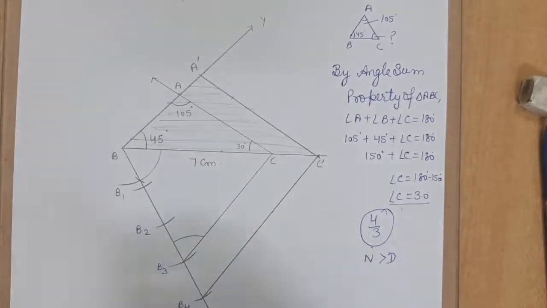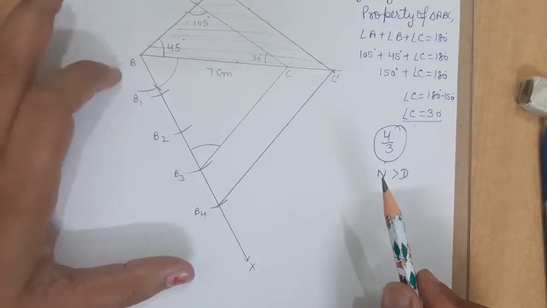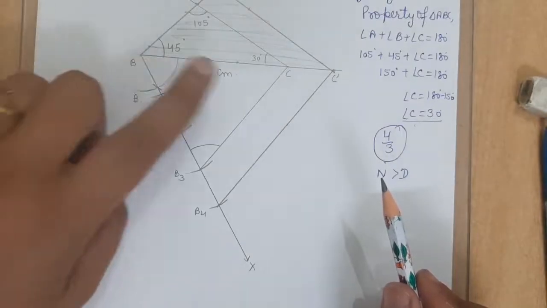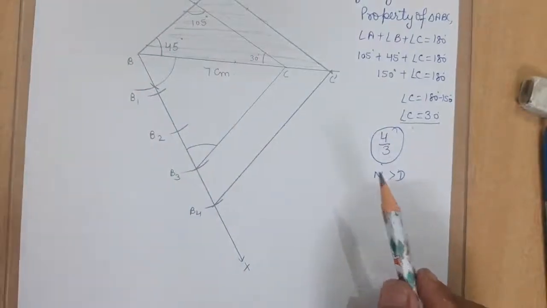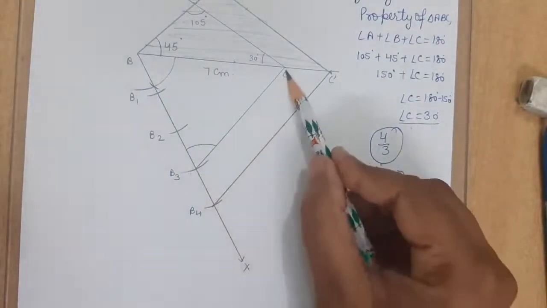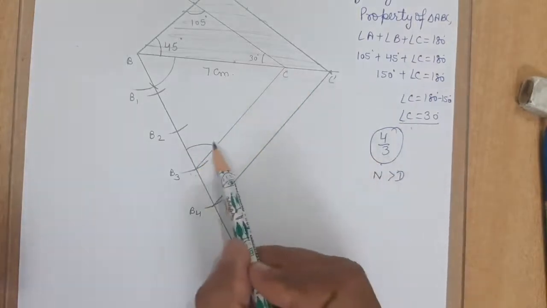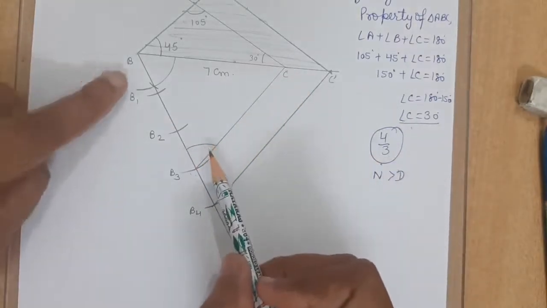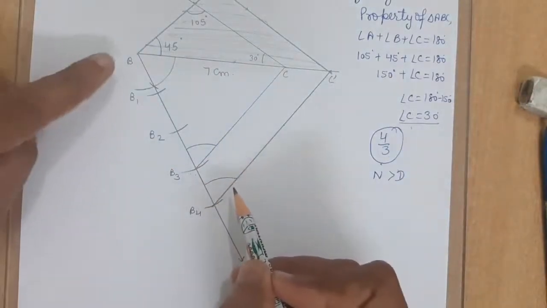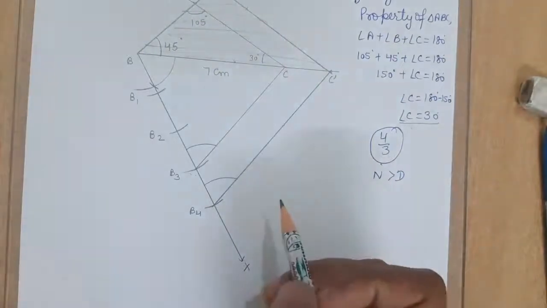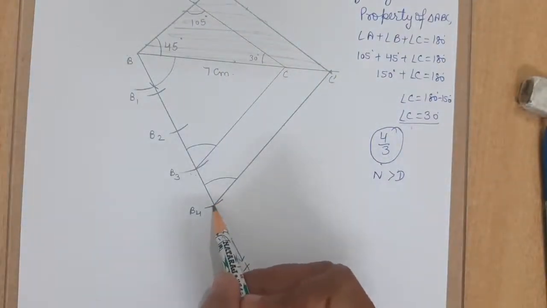So for this what will we do? We will draw a ray BX by making an acute angle on BC on the opposite side of vertex A. After it join B3 to C. Now measure this acute angle, that is angle B3C. We will draw the same measurement angle at B4.